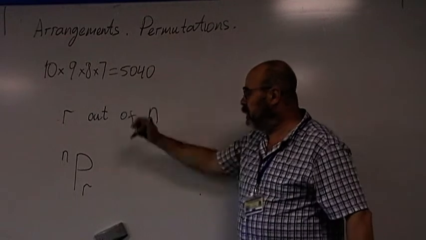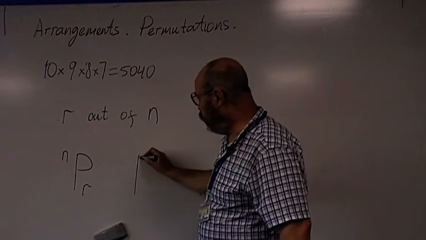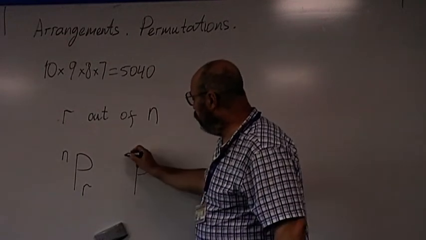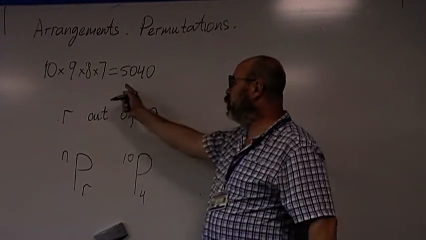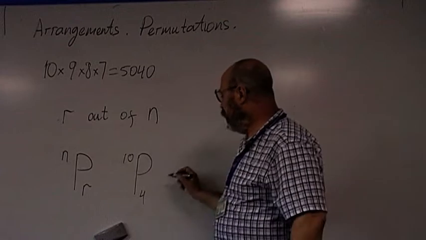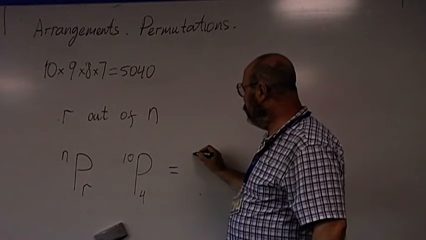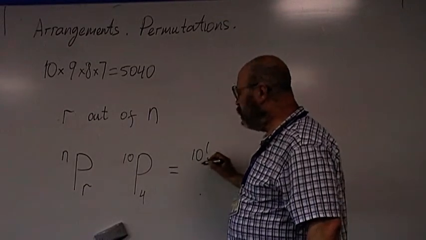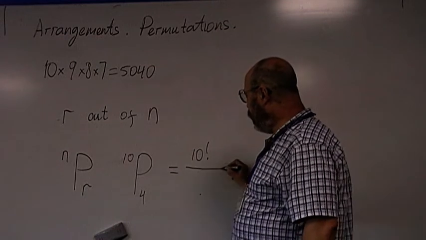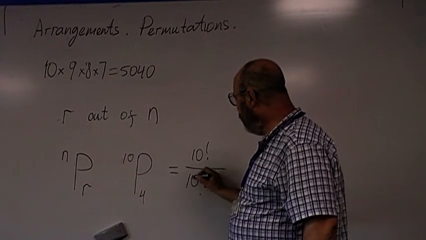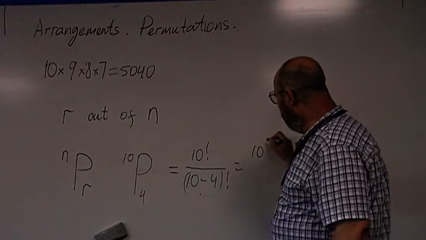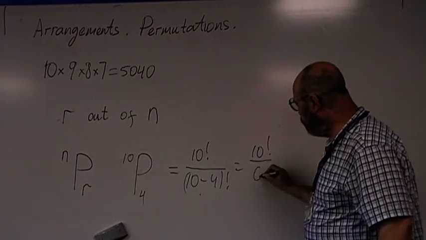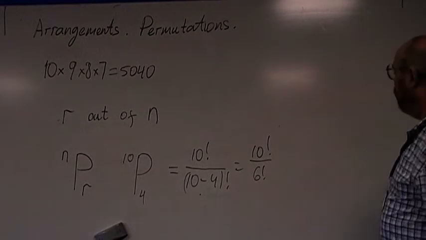Coming back to this, that was a typical permutation problem. We were choosing 4 out of 10, and we got this. So that will be 10 factorial divided by 10 minus 4 factorial, 10 factorial divided by 6 factorial.